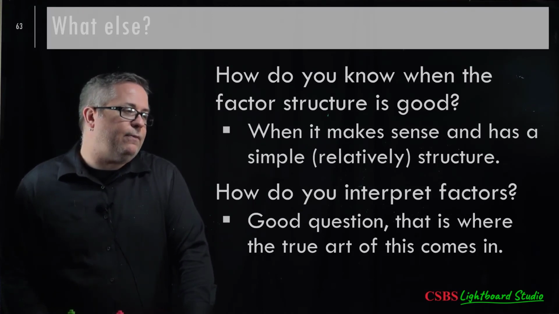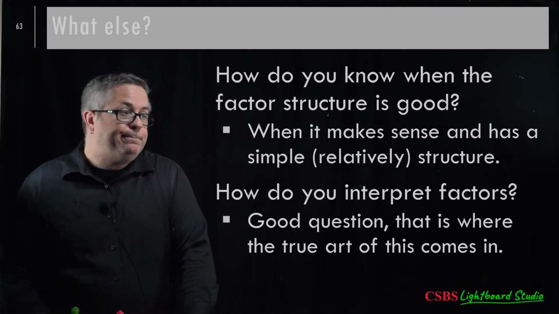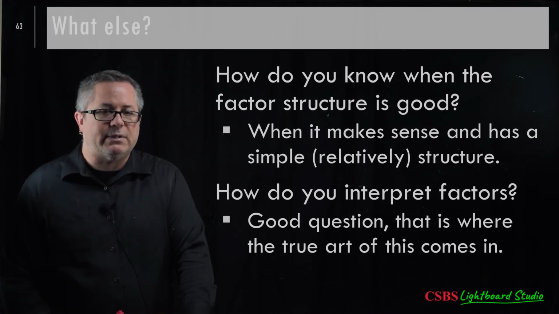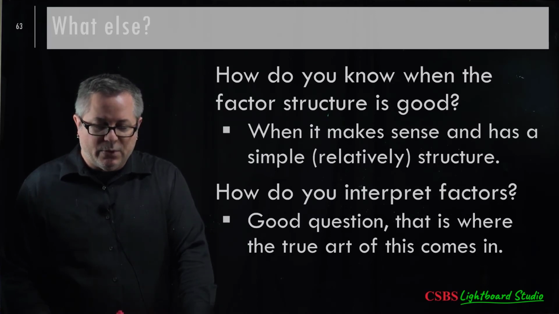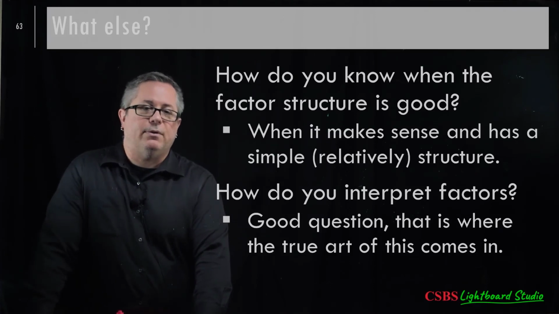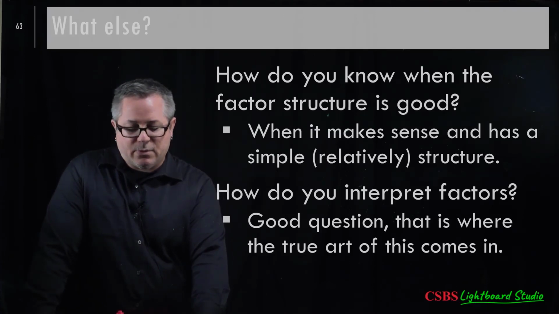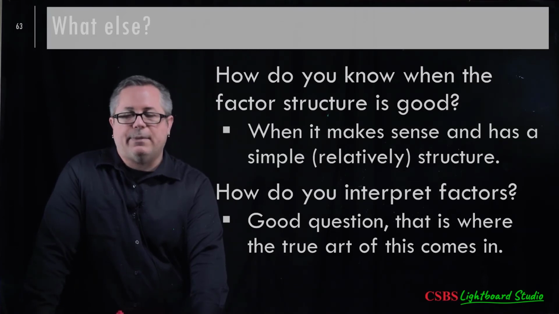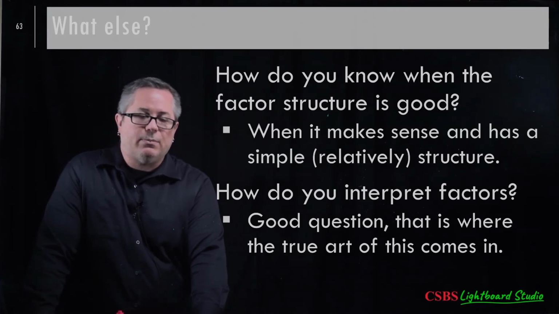How do you know when a factor structure is good? Well, for exploratory factor analysis, there's not a whole lot of concrete ways, right? You can argue lots of different things: that the eigenvalues or the sum of squared loadings is high when you rotate, that you got simple structure.